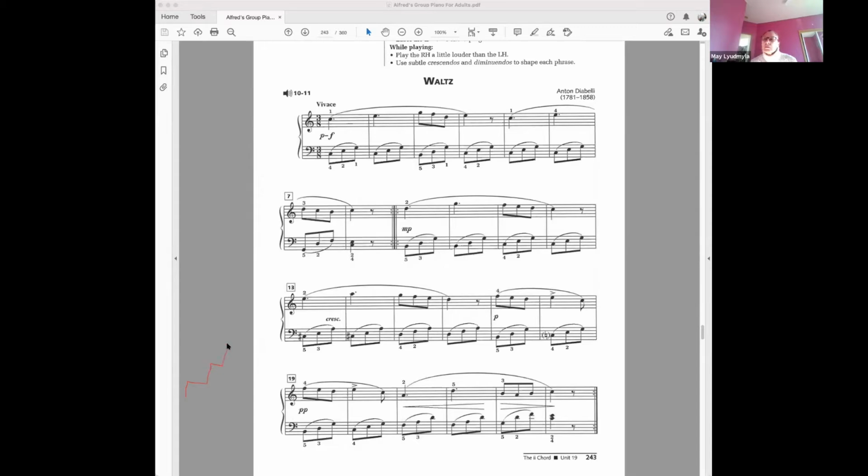It's hard to do with my mouse, but we have pianissimo, piano, mezzo forte, forte. We have a dynamic range of 5 dynamics. 1, 2, 3, 4, 5. Okay. Wow. So we have crescendo marks, decrescendo marks. Up and down. Crescendo mark.